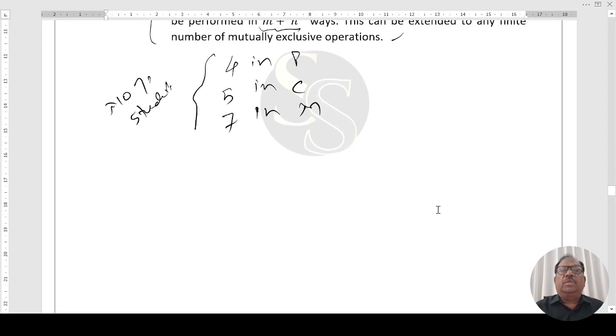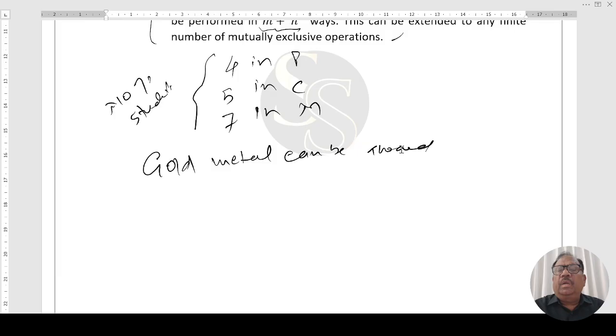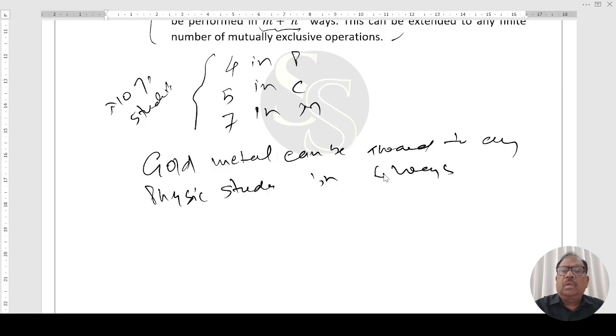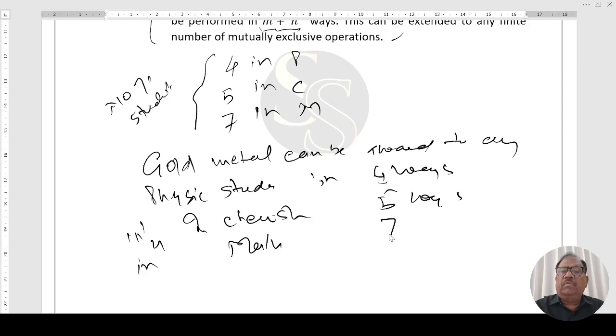Now, in this case, the gold medal can be awarded to any physics student in 4 ways. Similarly, in chemistry, 5 ways. And in mathematics, 7 ways. Right? Therefore, by FPC of addition.